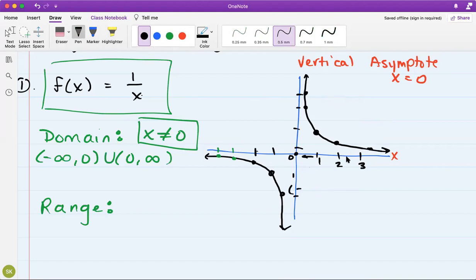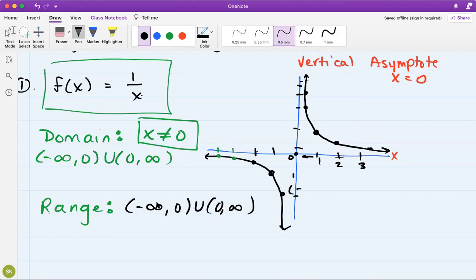If we get really close to 0, we're going to have some point way down here. But if we go up, we're always going to have a point. So we're definitely going towards infinity and also towards negative infinity. But for this particular function, we're not going to intersect this line. We're not going to have any x-intercepts. So the range for us is anything but 0. So it's negative infinity to 0, union 0 to infinity. Again, with the range, we have to actually look at the graph.